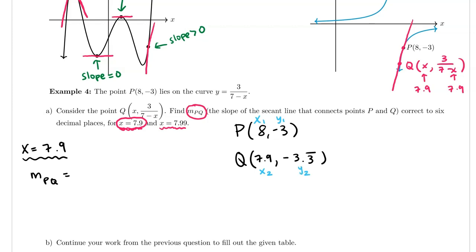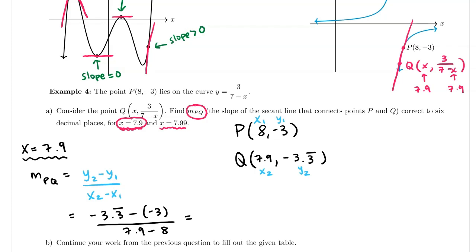So the slope of my secant line is y2 minus y1 over x2 minus x1. And I'm going to fill in those values now. So we have negative 3.3 repeating minus negative 3 over 7.9 minus 8. And I'm just going to throw that into my calculator.